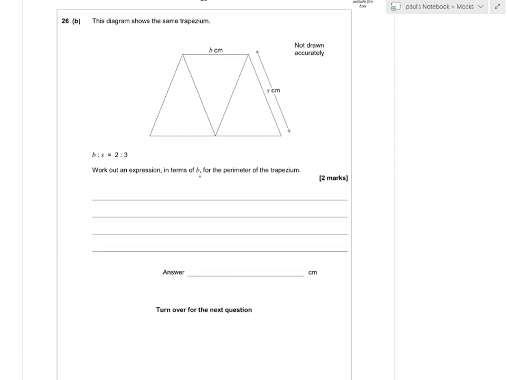Work out an expression in terms of B for the perimeter of the trapezium. Oh, so B is sort of, let's have a look. So we've got 2 B's as the same as 3 S's.